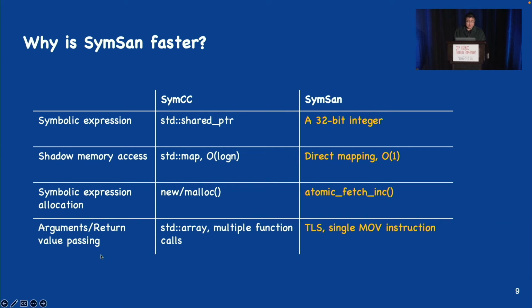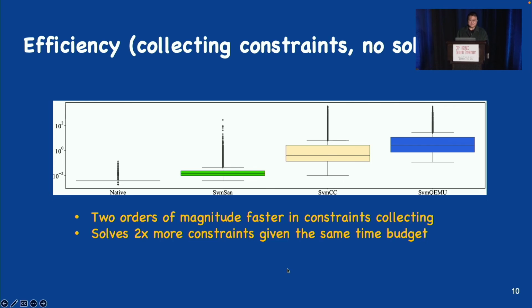For argument passing and return value passing, SymCC uses a C++ container, and it involves multiple function calls. But SymSAN just uses thread local storage, and only a single move instruction is needed to pass along the arguments. So combining all these things together, SymSAN is much faster than the existing tools.